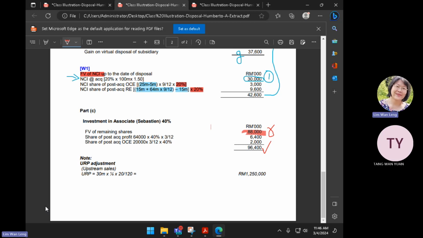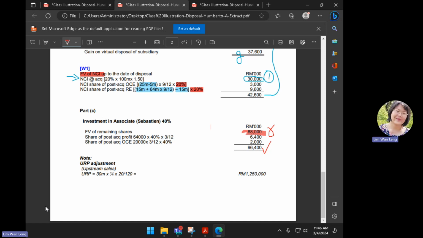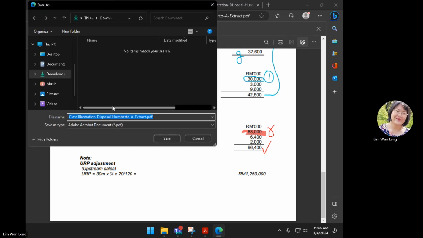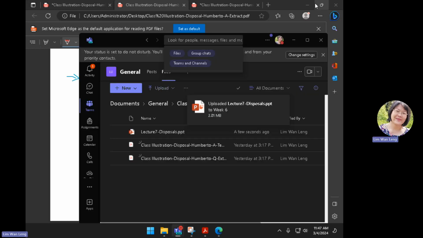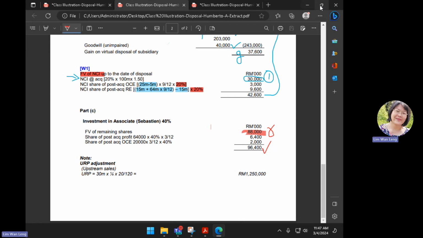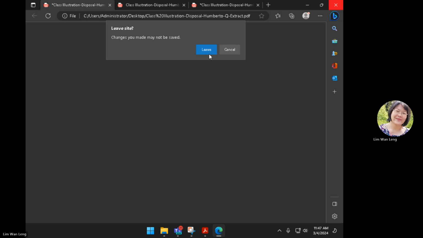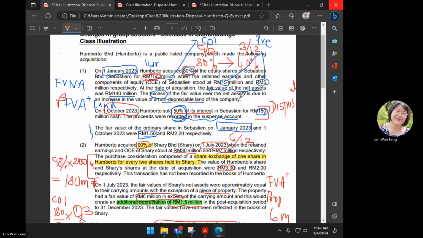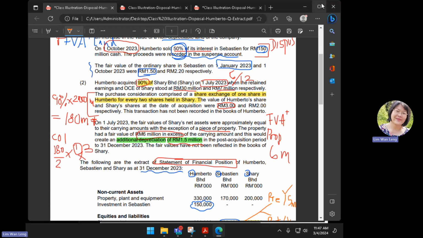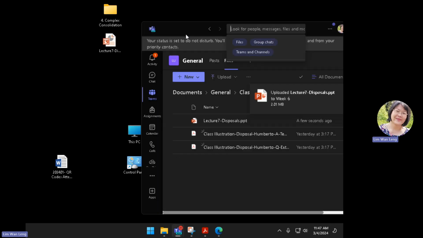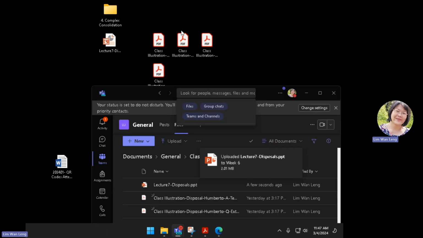Maybe I should save this, and then put it in the Teams. When we do the double entry, we need to bracket the explanation location.